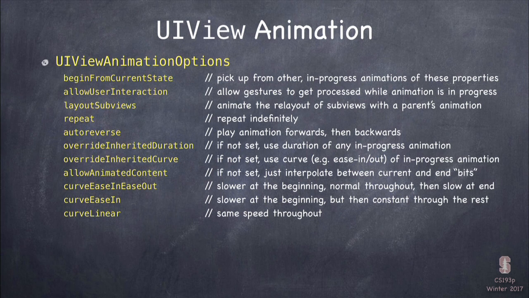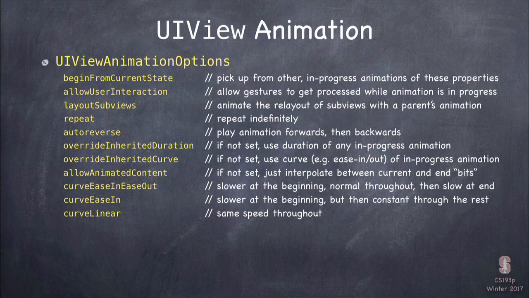Going to the one on the top, begin from current state. Remember I said that that finished argument to the completion handler would only be true if the animation got all the way finished. Well, if you issue another animation while the previous one's still in flight during that 5 seconds, if you issue another one that changes alpha in some other way, either that animation is going to start from the new value of alpha, which is 0, okay, even though it's still in flight and hasn't shown that 0 to the user, it still is 0, or the new animation of the alpha is going to pick up wherever the other one is.